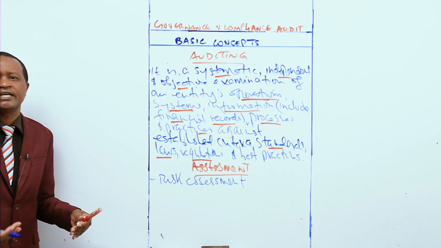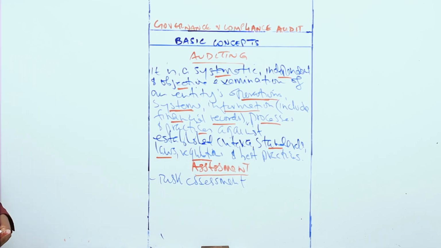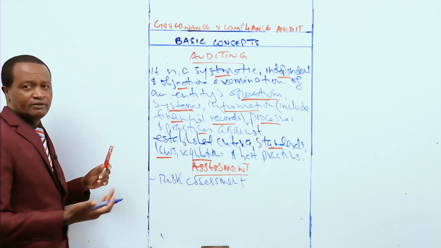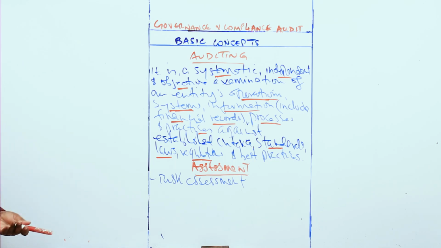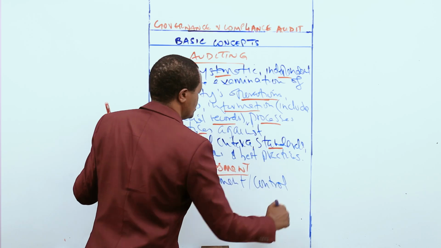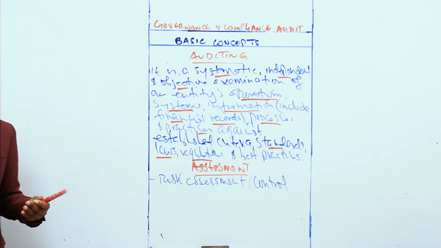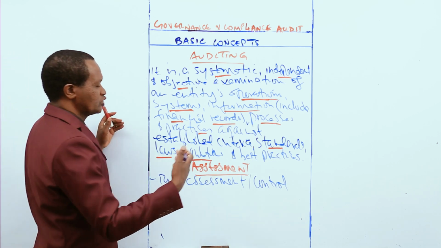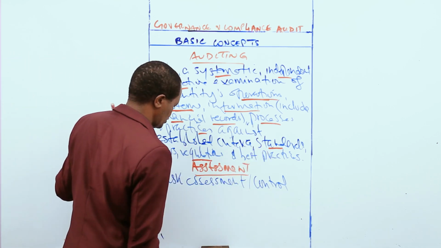That means identifying and analyzing risks of material misstatements in the financial statements. It may also mean control assessment. That's another activity, which means evaluating the effectiveness of an organization's internal control system or internal controls.